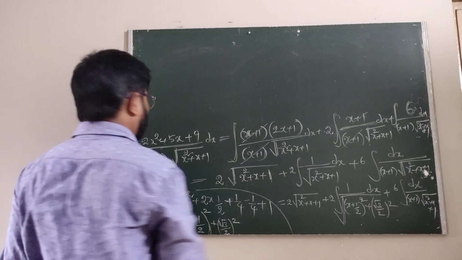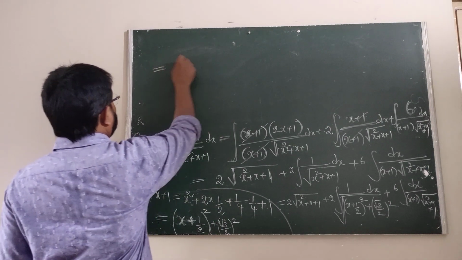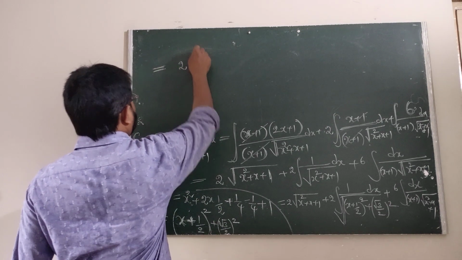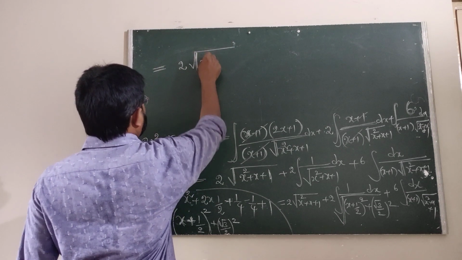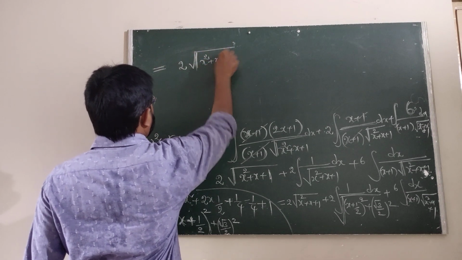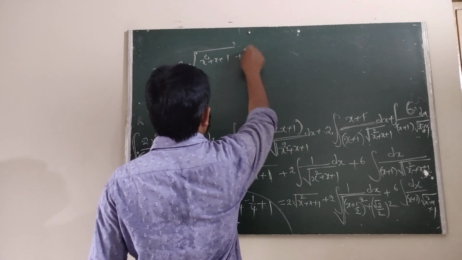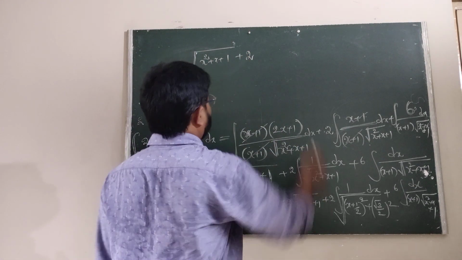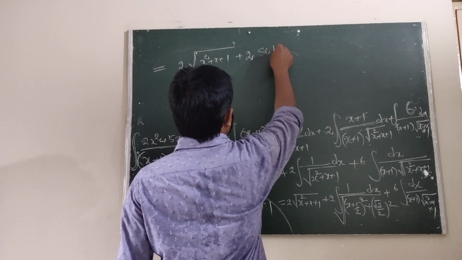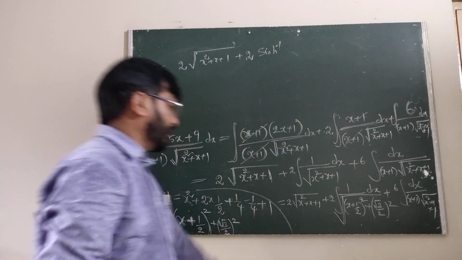Now here we can write this is 2 into under root of x square plus x plus 1. Therefore, here 2 into the sinh inverse of x by a.